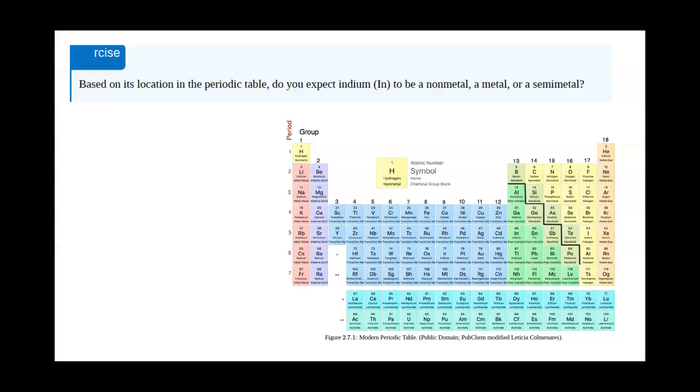So this question from the book asks us, based on its location in the periodic table, do you expect indium to be a non-metal, a metal, or a semi-metal? So, all of the non-metals are to the right of the staircase line. Here it is here.